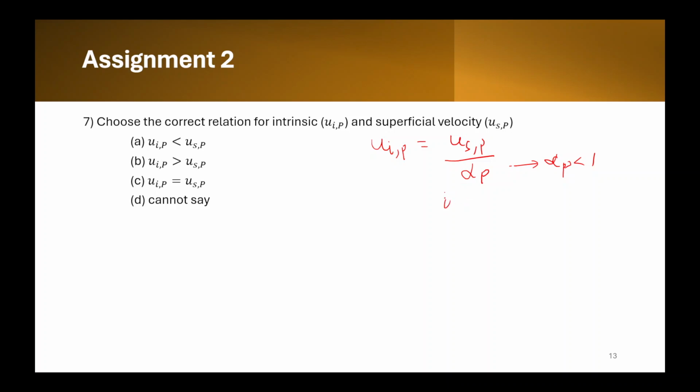So UIP is greater than USP. Another logic, as I have said, is that if we consider only that area through which the fluid is flowing in one phase, that area will be lesser than the whole area. So if the area reduces, the velocity will be faster than the superficial velocity at least. So this is the correct answer here.